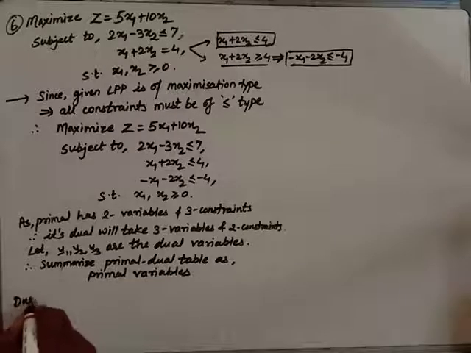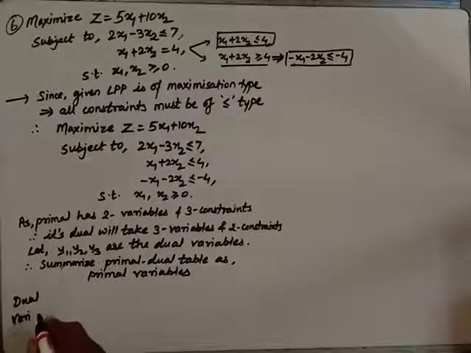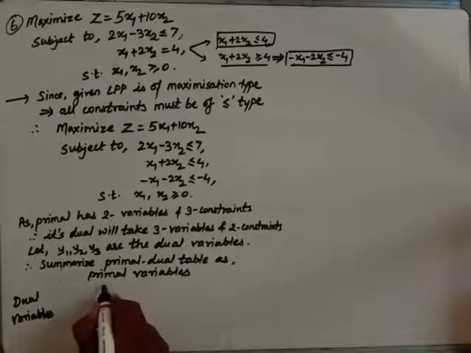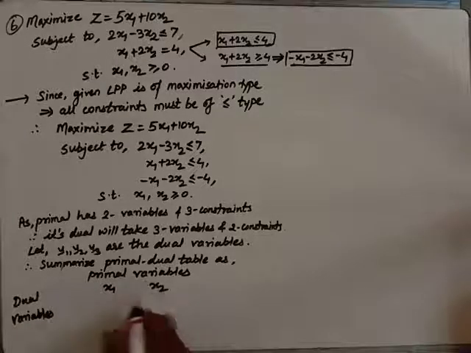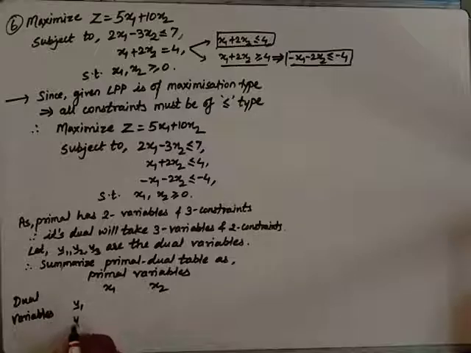So primal variables are x1, x2, dual variables are y1, y2, y3.